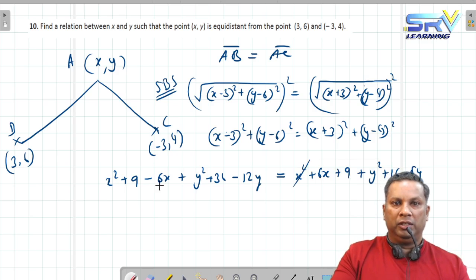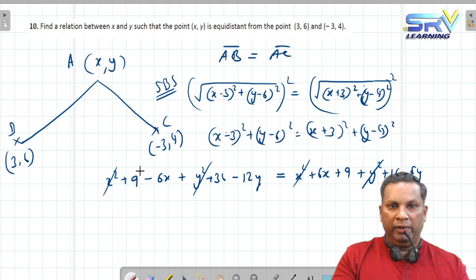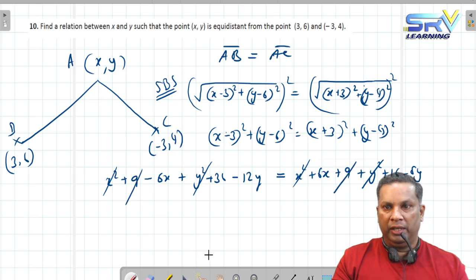Okay. Now this x square goes, y square goes away. We have minus 6x and plus 6x. So bring all x on one side and all y. So here we have 9 and 9 also going away, right?